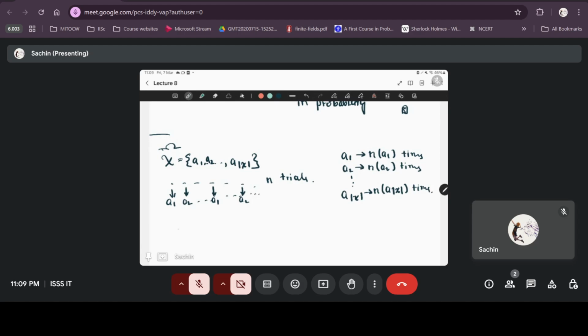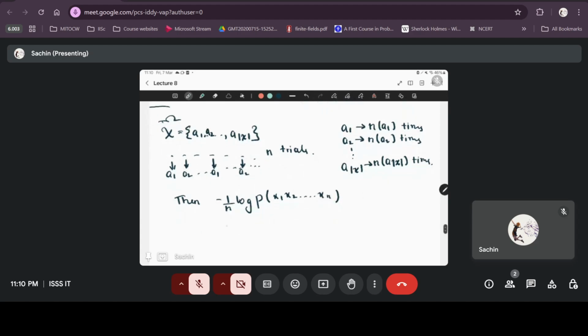Then minus 1 over n log of p of any particular sequence x1, x2, etc. xn is minus 1 over n log p of x1, p of x2, etc. p of xn.